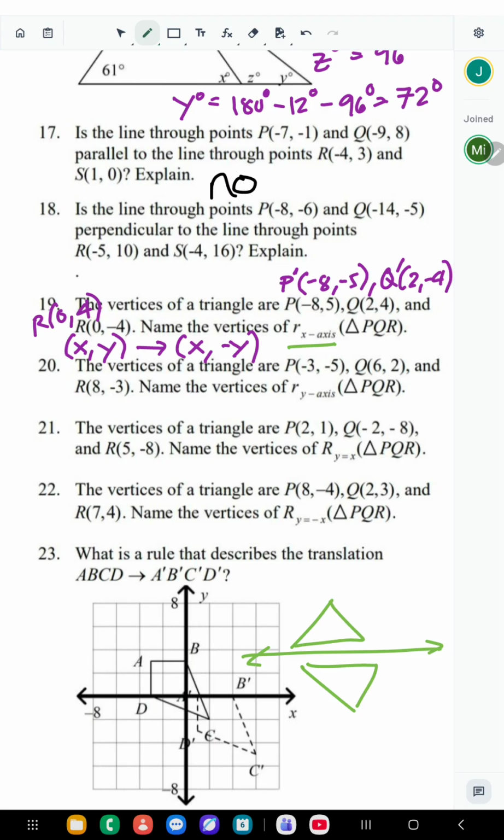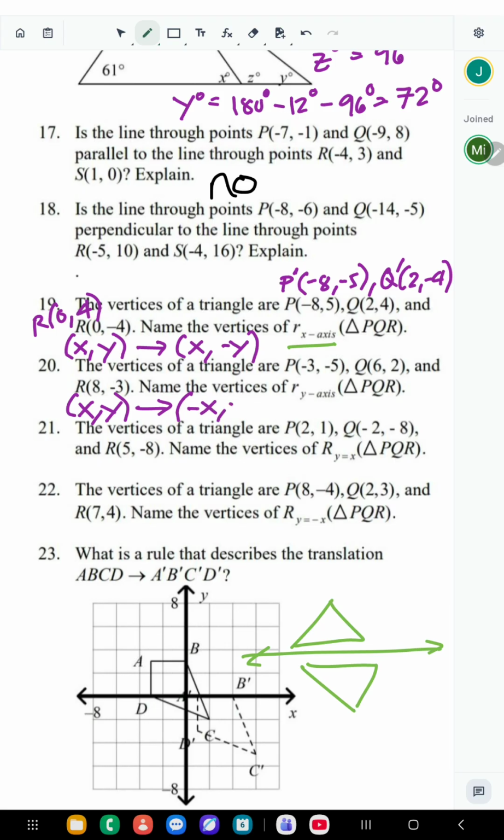Do you have questions on this? Number 19. Okay. For number 20, the vertices of a triangle are negative 3, negative 5, P, Q, and R. Name the vertices, reflection over the y-axis. So the y values would be the same, but the x-coordinate will be flipped.